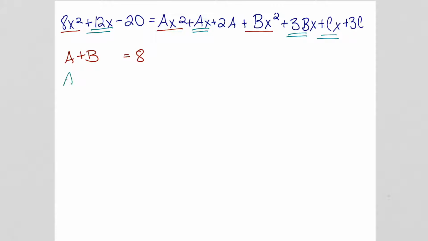So we have a plus b, plus 3b plus c equals 12. And last, our constants. So 2a plus 3c equals negative 20.